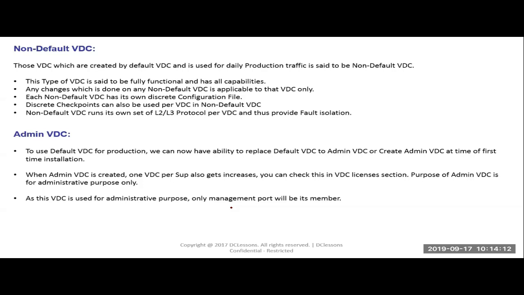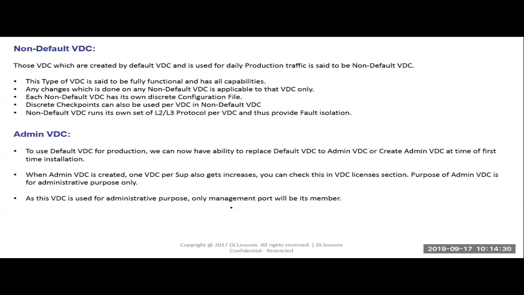But if you have a Nexus 7K, you can create a logical switch, right? You can create a non-default VDC, and you can allocate that non-default VDC to a particular department.